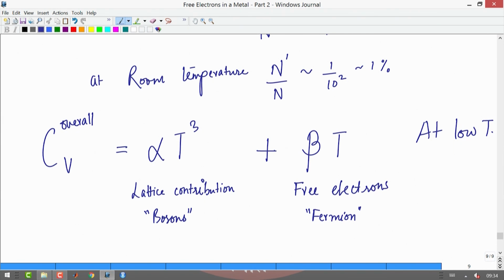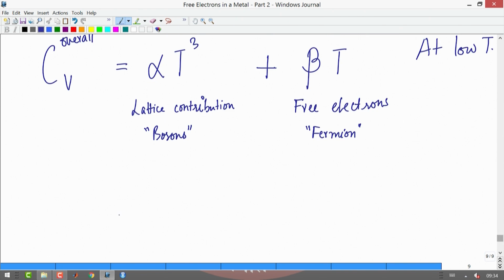Eventually at high temperatures none of these contribute, it becomes the Dulong-Petit 3 Nk at high temperature. So, this is given as thrice Nk at high temperatures. Okay.